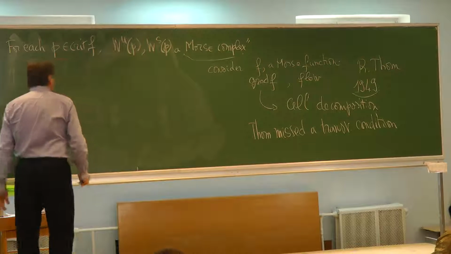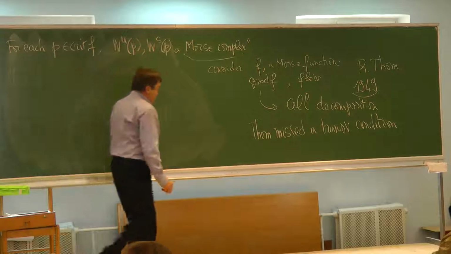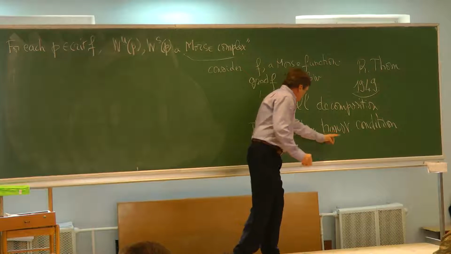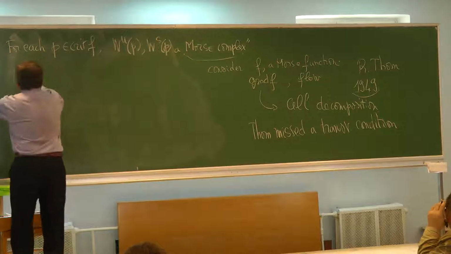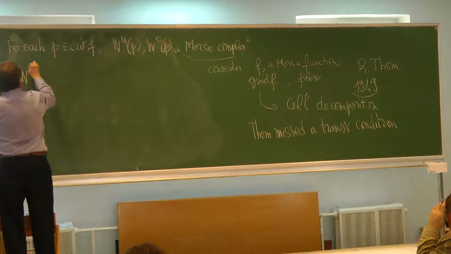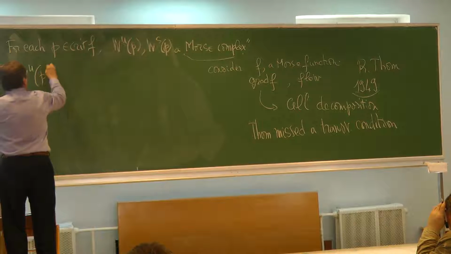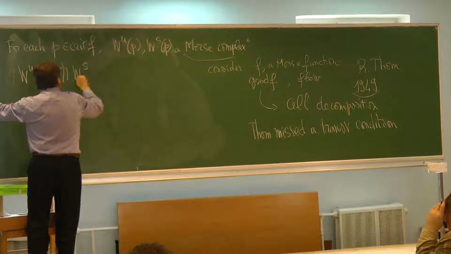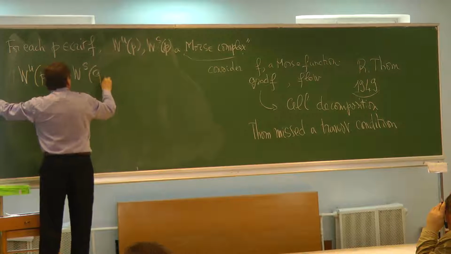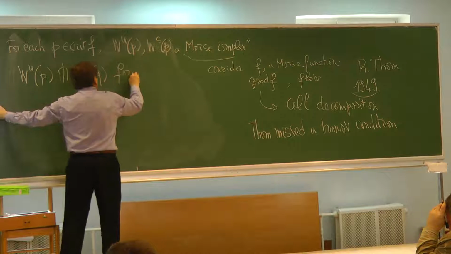And the condition that Thom forgot to specify is the following. It is W^u(P) transversal to W^s(Q) for every pair of critical points.